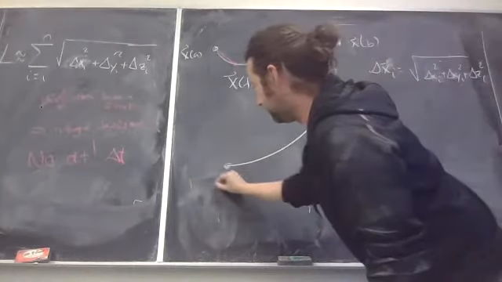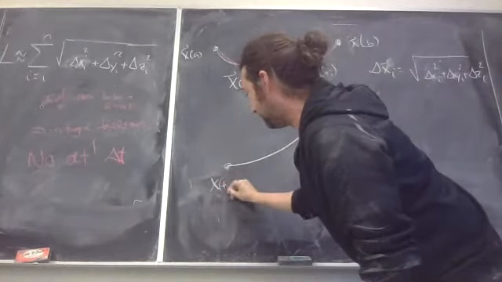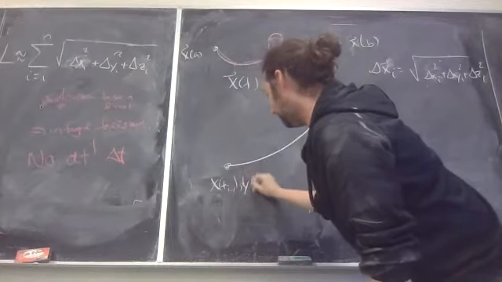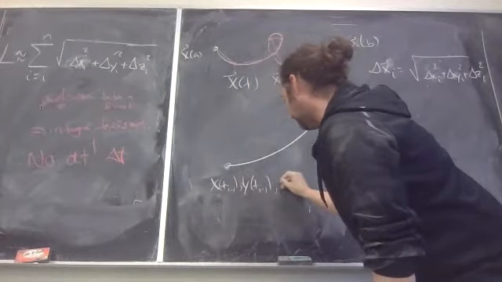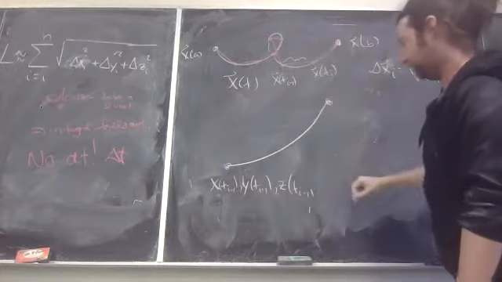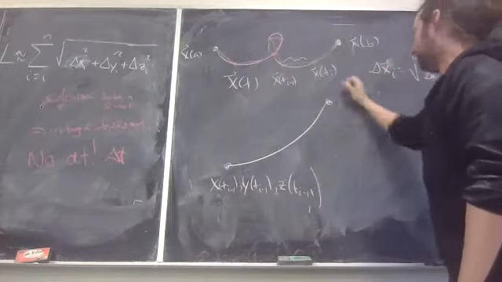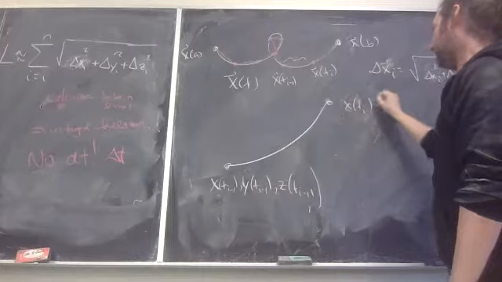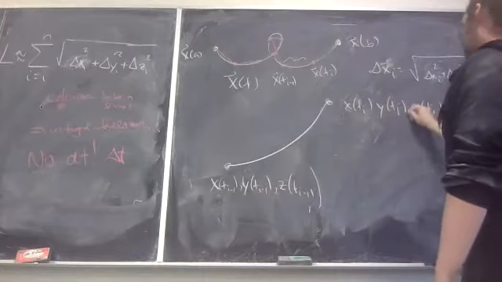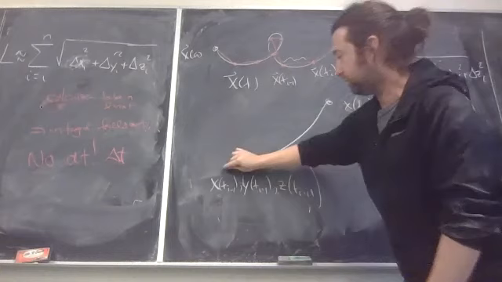This point down here is x of t_{i-1}, y of t_{i-1}, z of t_{i-1}. And up here, the point x of t_i, y of t_i.